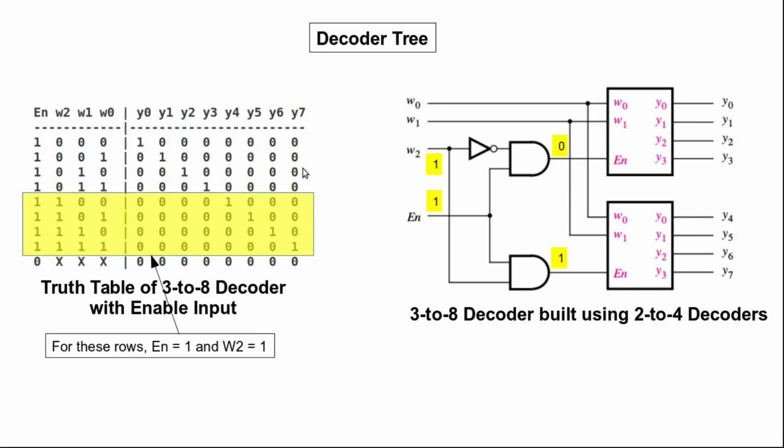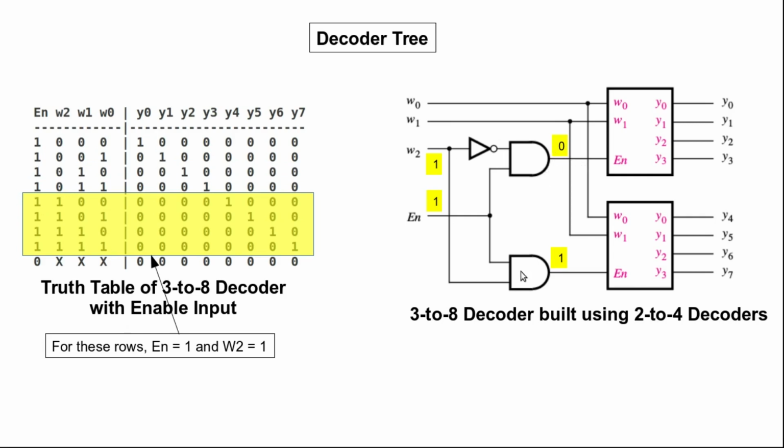Similarly, for these 4 rows, enable is equal to 1 and W2 is equal to 1, and when that happens the output of this AND gate will be 0 because this W2 input, when it goes through the inverter, will become equal to 0, and whenever one of the inputs to the AND gate is 0, the output of the AND gate is destined to be 0.